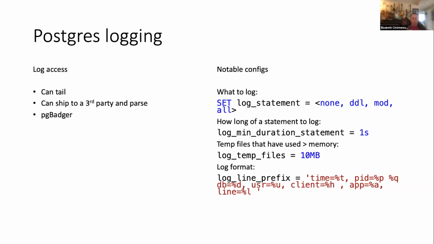So PG Analyze and Datadog will let you send your logs there, and then as part of the bigger performance monitoring stuff, you can look at your logs. If you're self-hosting, you can just access your log file directly. There's a popular tool that you can run with Postgres called PG Badger that does a lot of fancy stuff by taking your logs and helping you output and make sense of them.